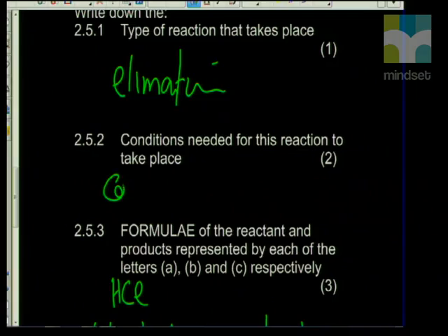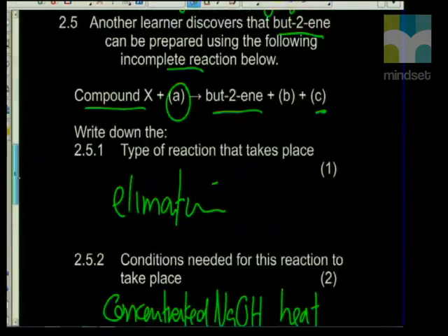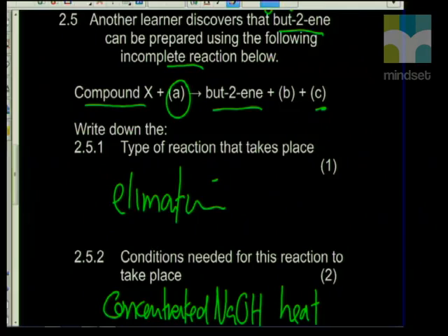You're going to have some concentrated sodium hydroxide, and you're going to also need heat. You're going to need to heat. And it doesn't happen very easily. So the last bit of this equation that we need to do is to recognize the substances that are involved. So where we've got that word equation, I'm just going to add in the substances below it.